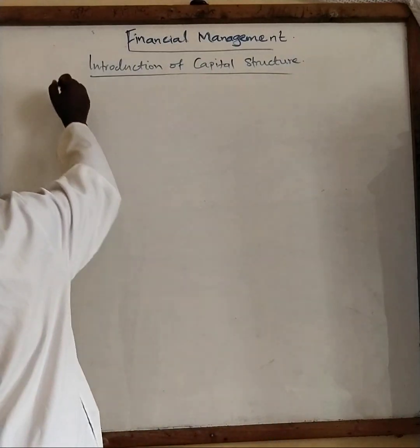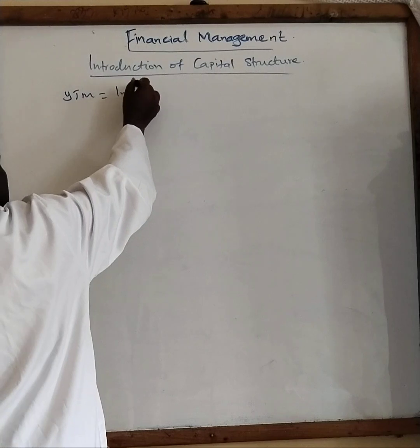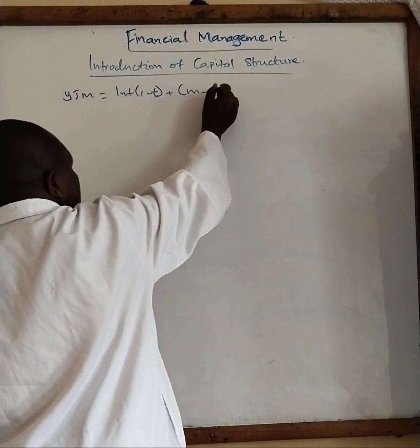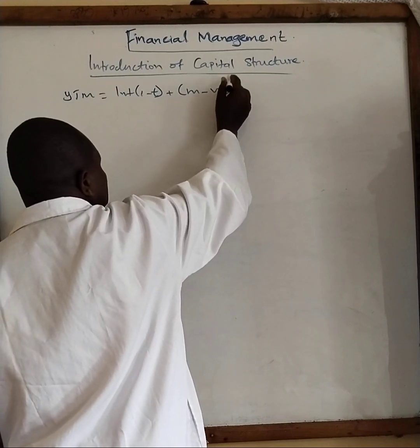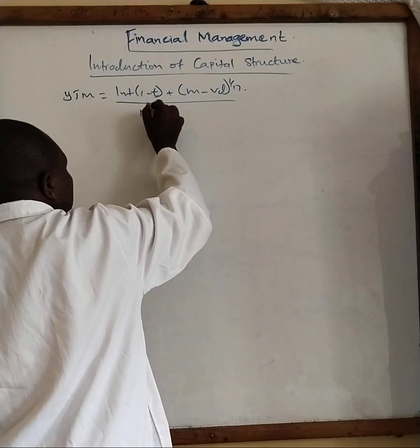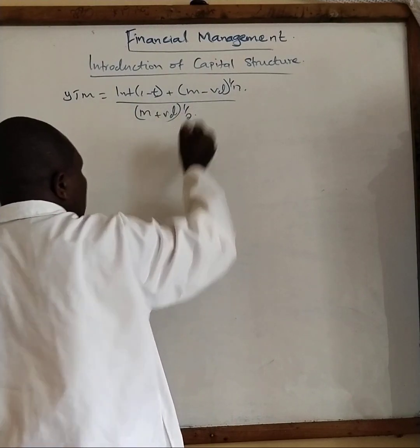So I'm saying, yield to maturity is given by int 1 minus t plus into brackets m minus vd, then 1 over n, you divide by m plus vd over 2.